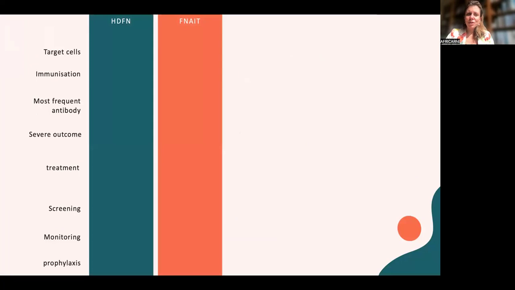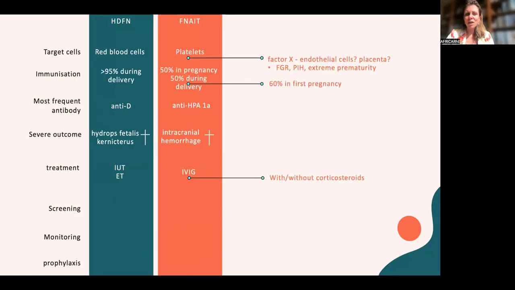So in conclusion, we started with an overview of HDFN, and I just want to highlight the differences between HDFN and FNAIT. HDFN is targeted at the red blood cells, FNAIT at the platelets. In HDFN, most of the immunization occurs during delivery, while we know that FNAIT occurs mostly in the first pregnancy, already during the pregnancy.